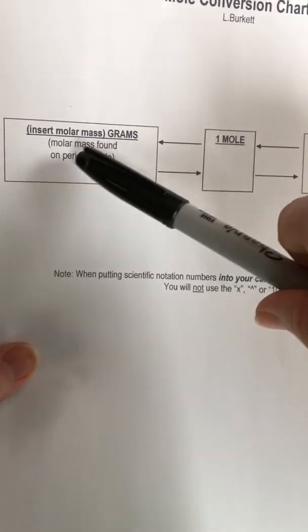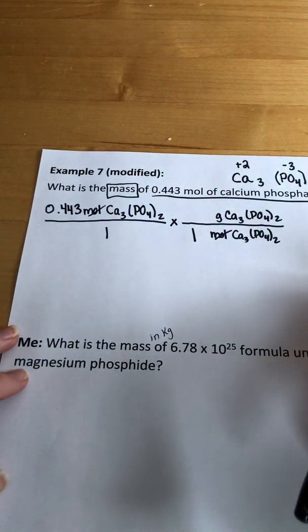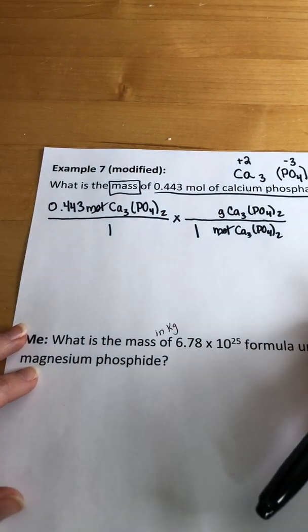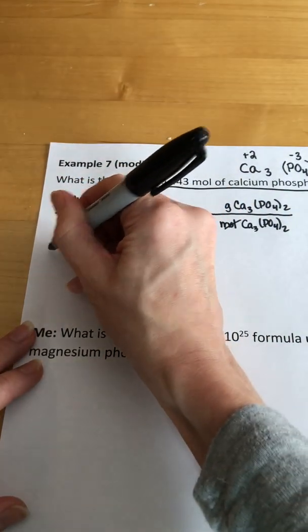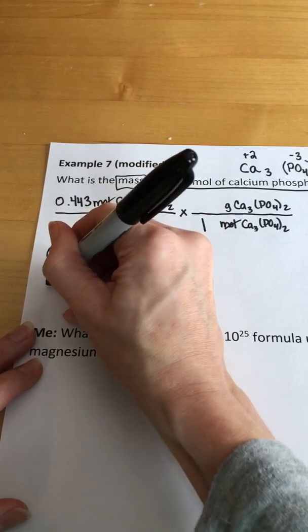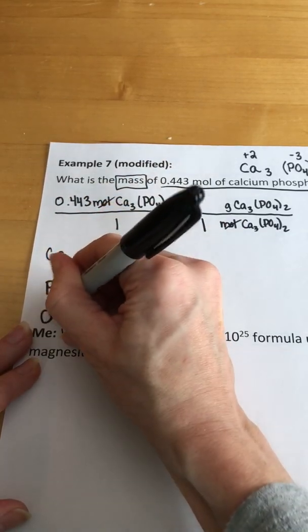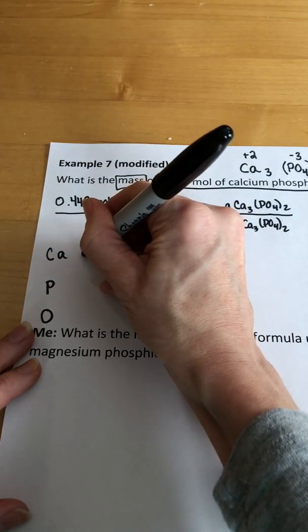And where grams is, I have to add that up on the periodic table. So this one I am going to break apart because I didn't really see a parenthesis example in the text. So I'm just going to quickly go through it with you. If we were adding up the molar mass of this one, we have 3 elements we have to find. I have 3 calciums.